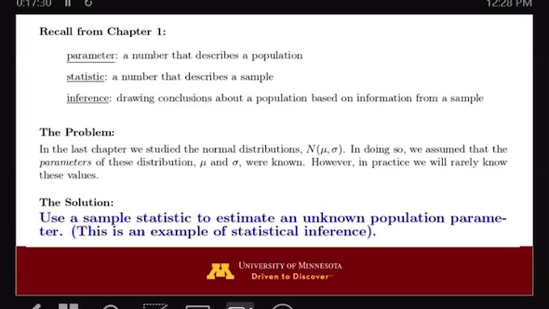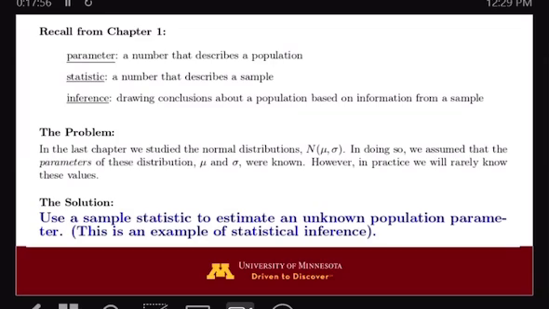Sampling distribution also allows us to use the idea of the central limit theorem. I'm going to tell you how the central limit theorem works. The central limit theorem says that when we take large samples, the statistic will converge to the parameter. Take a look at that. Don't forget, we want to use the statistic. Where do we get the statistic from?